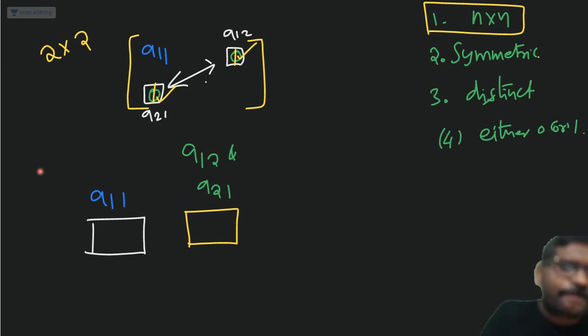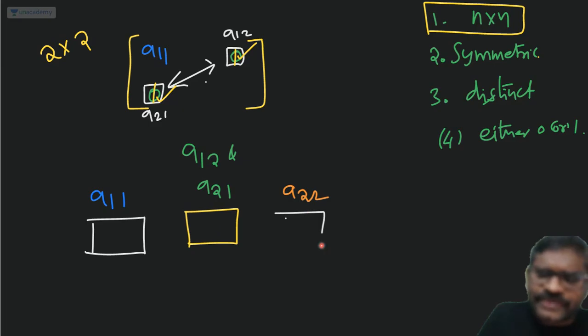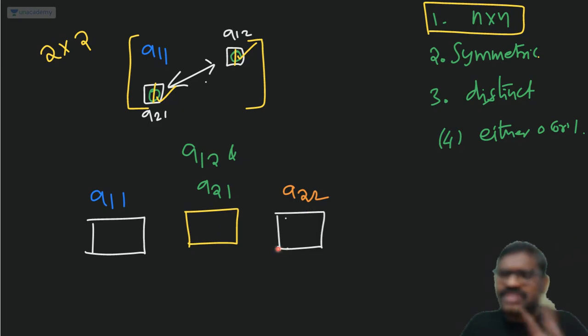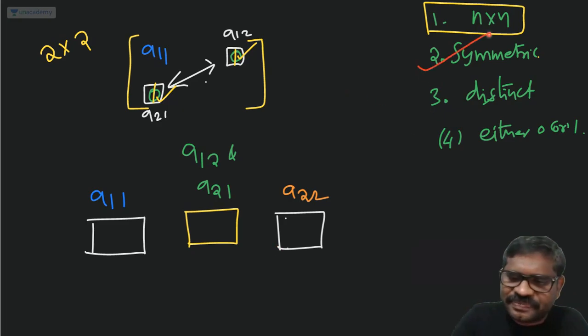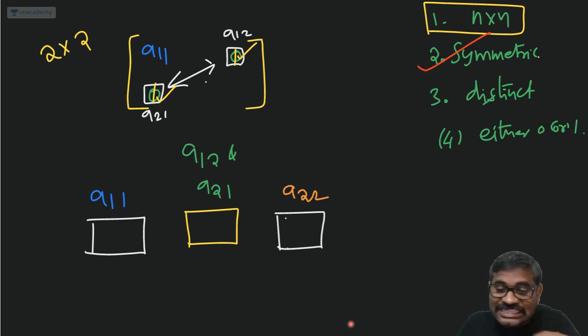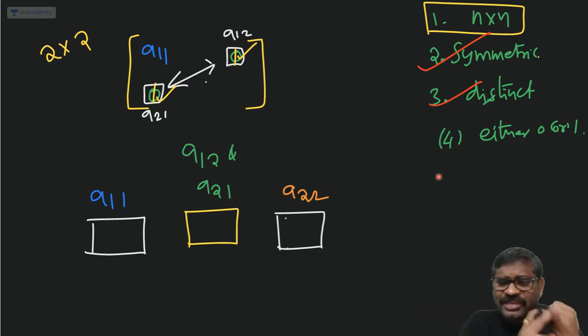Now, how many blank places do you have? 3 different blank places. So I have fulfilled the symmetric condition and the distinct condition. Yes, I have taken 3 distinct blanks. A12 and A21 combined are one blank.